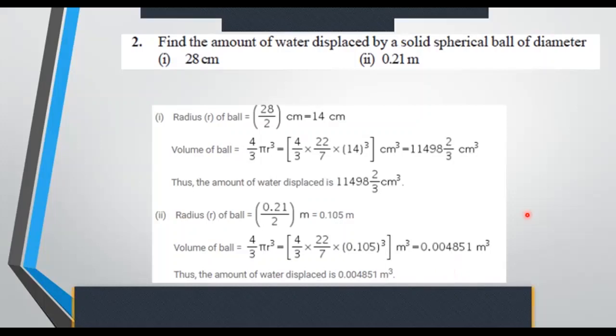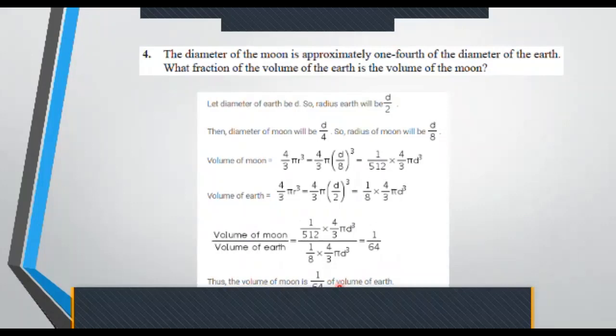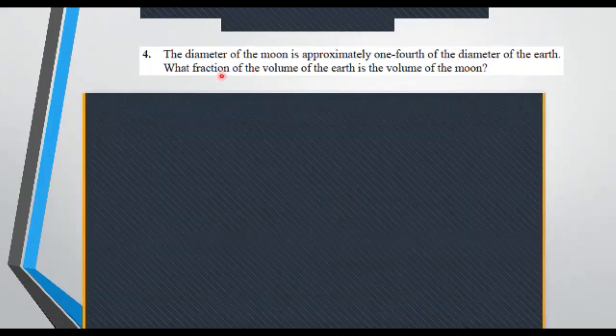Okay, moving ahead to the next question. Same type of a sum, the moon and the earth. Take it down. The diameter of the moon is approximately 1/4 of the diameter of the earth.